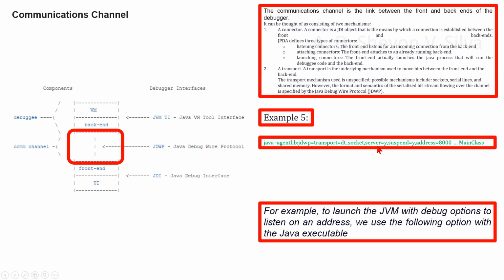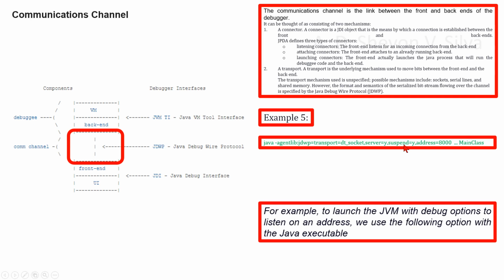Suspend suboption: if y, the VM start event has a suspend policy of suspend_all. If n, the VM start event has a suspend policy of suspend_none.